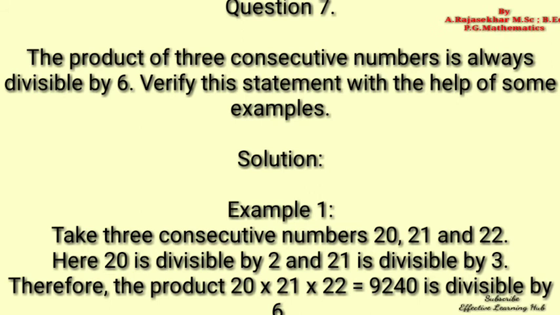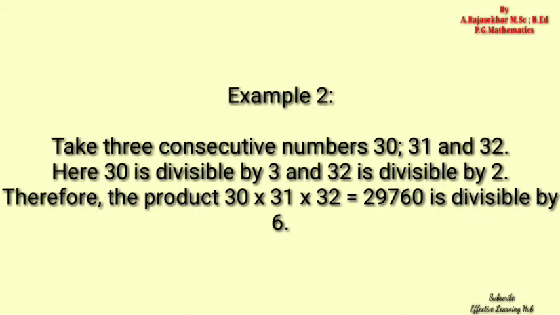Therefore the product 20 into 21 into 22 equal to 9240 is divisible by 6. Second example, take three consecutive numbers 30, 31 and 32. Here 30 is divisible by 3 and 32 is divisible by 2. Therefore the product 30, 31 and 32 equal to 29,760 is divisible by 6.